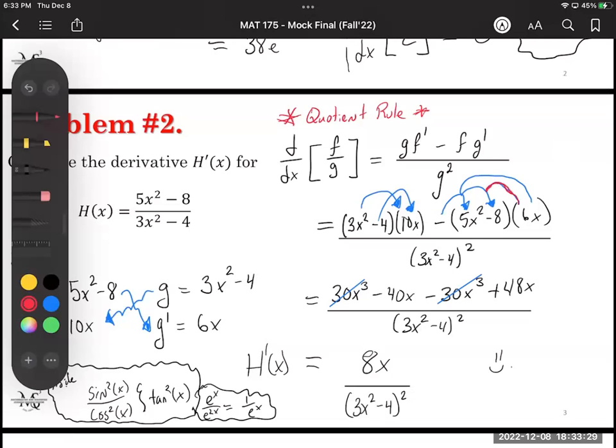So for example, if I multiply the 5x squared by the negative sign on the outside, it becomes negative 5x squared. But when I multiply by 6x, it becomes negative 30x cubed. Similarly, negative of -8, two negatives make a positive, that gives you positive 8. So positive 8 times 6x is 48x.